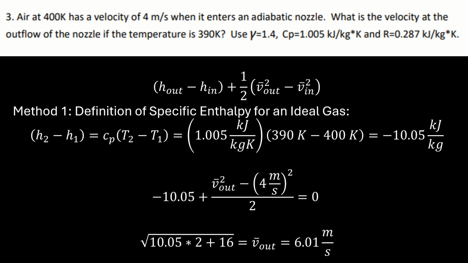So as we rearrange everything, we're going to have the square root of 10.05 times 2 plus 4 squared, or 16. Those units inside the square root are meters squared per second squared, so that becomes meters per second, and our outflow velocity comes out to 6.01 meters per second.